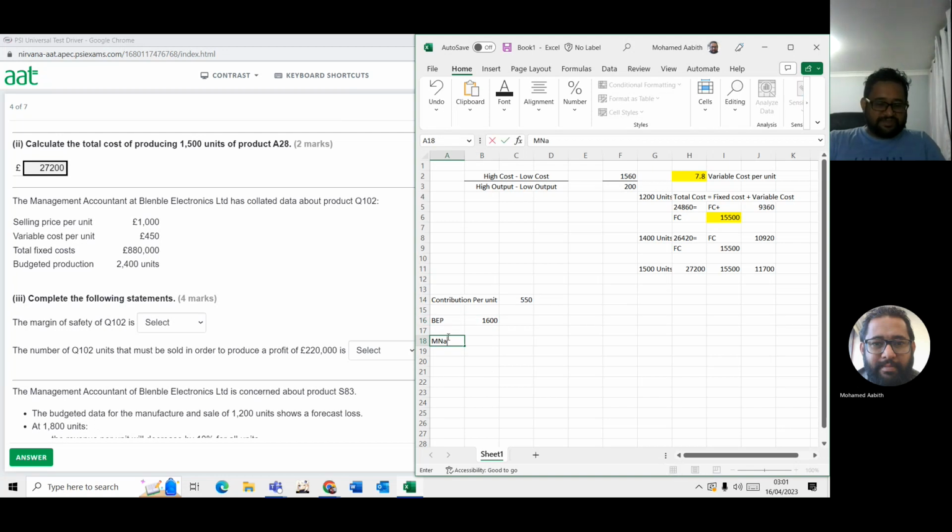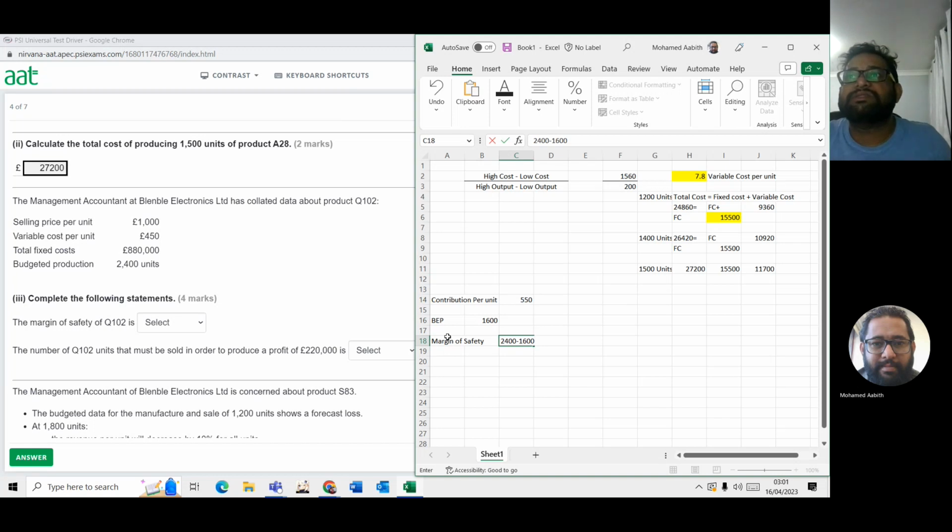To calculate the margin of safety, it's going to be done this way. The difference between units you have produced, which is 2,400, minus 1,600.